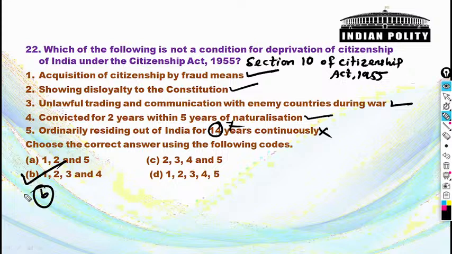So this is all about termination. But here, the 7 years of residence abroad does not apply if the person is a student in an educational institution in a foreign country, or in the service of the Government of India or an international organization of which India is a member.